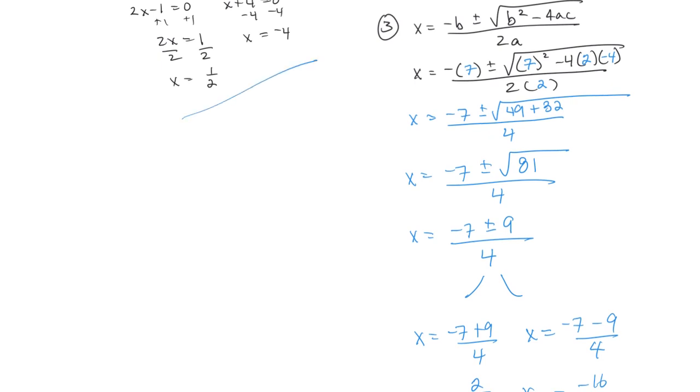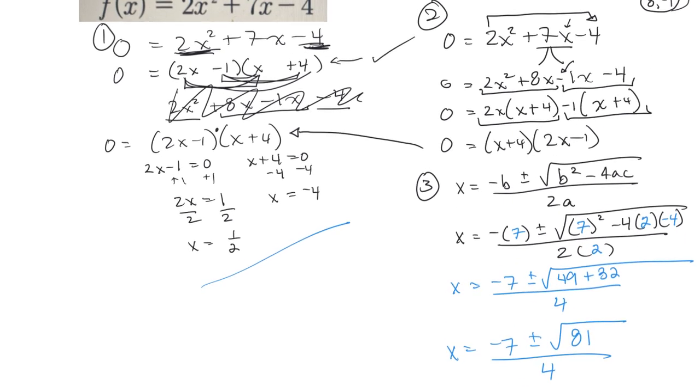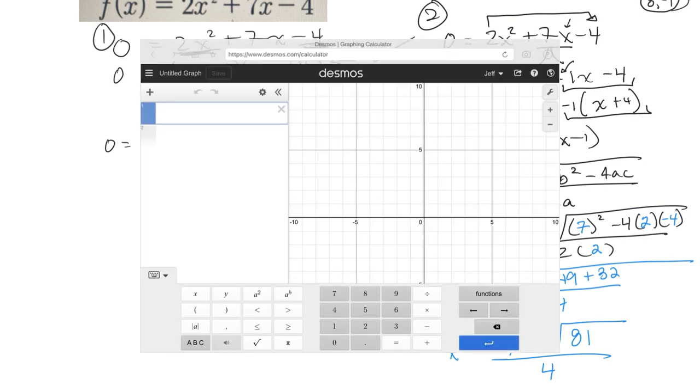Okay, and then the last way to do this would be to just graph it. And let me try that. Let me insert a decimals thing here. Okay, and I'm going to graph 2x squared plus 7x minus 4. There. And I want to check to see where it crosses the x-axis.